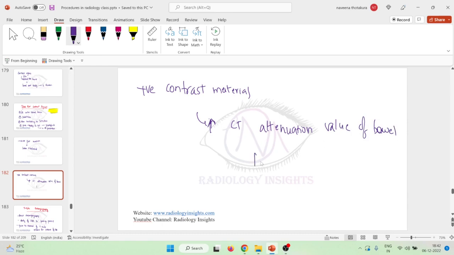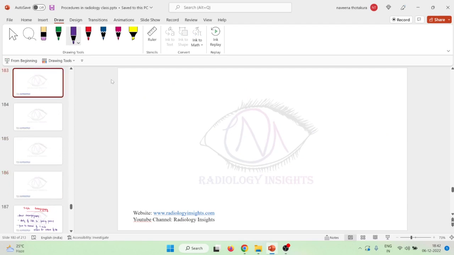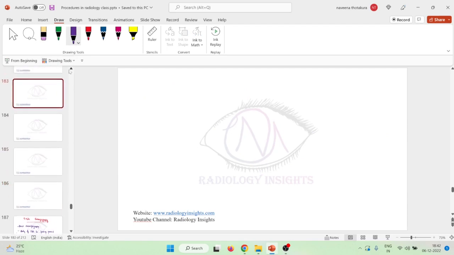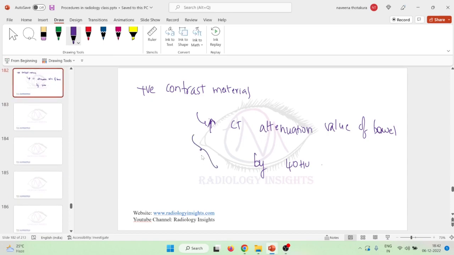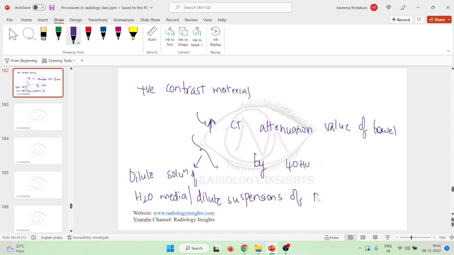This can be done by using dilute solutions of water soluble media, or dilute suspensions of barium sulfate.